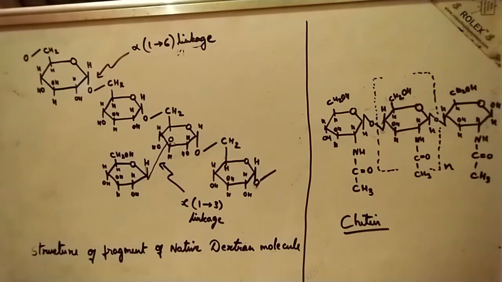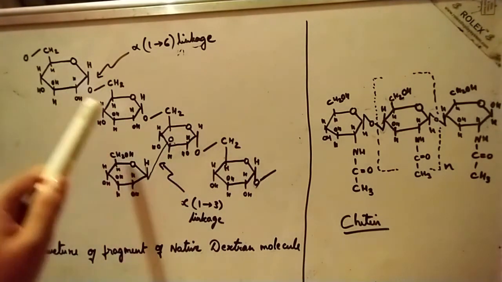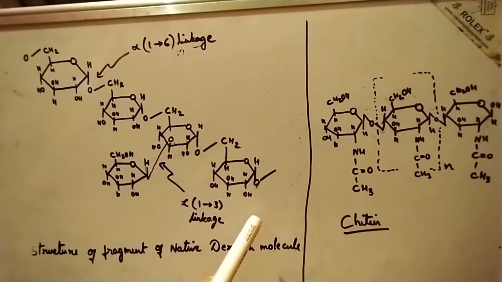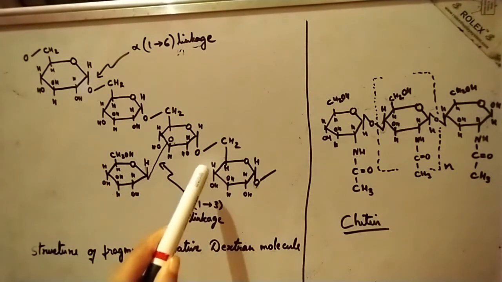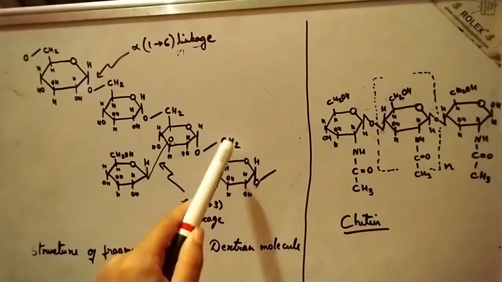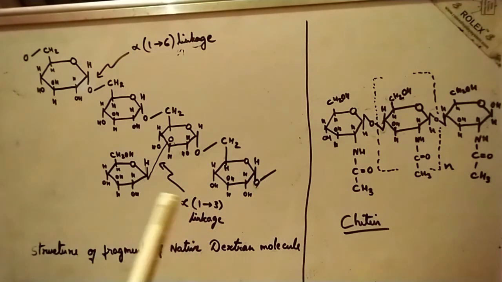Remember, in glycogen and starch we have alpha 1,4 linkages as the main chain. But in dextrin, just remember the main branch is alpha 1,6, where the anomeric carbon of one glucose is linked with the carbon number 6 of another glucose residue.